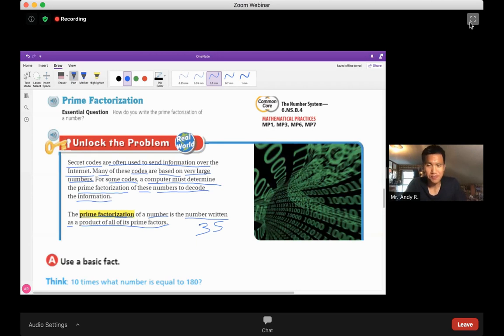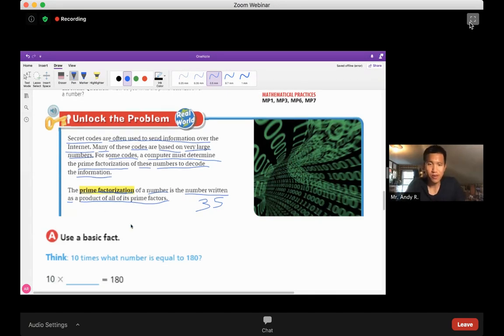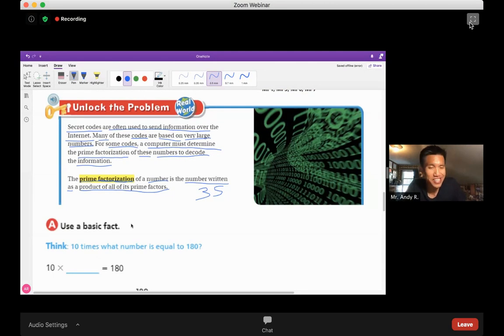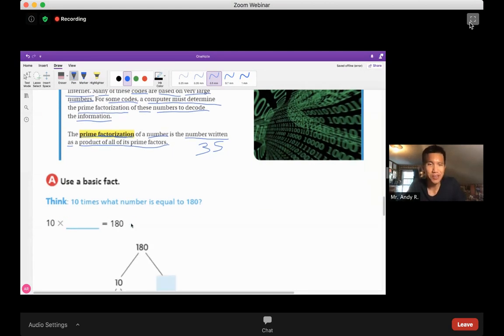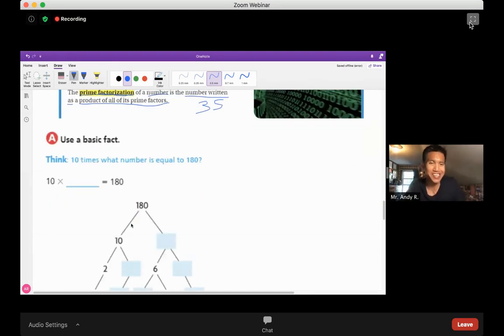Yeah, prime numbers. So secret codes are often used to send info. So for some codes, computers must determine the prime factorization of these numbers to decode the info. Yeah. Okay, so now we're gonna decode some of these computer codes.